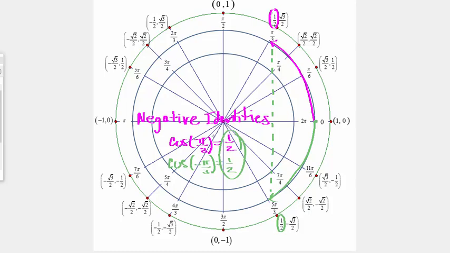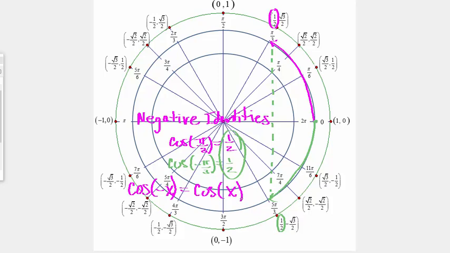So that's just one example. You could create many more pairs of these symmetric, similar values for cosine going at various arcs around this circle. The result that we could summarize would be as follows. We could say that the cosine of the negative value of some arc x would be equal to the cosine of the positive arc value x.